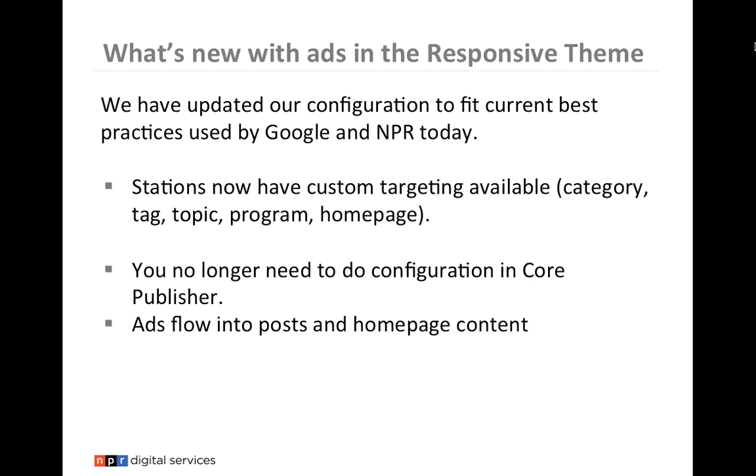Stations now have custom targeting available, so we have updated Core Publisher to allow for custom targeting if you are interested in doing that. You no longer need to do configuration in Core Publisher. Everything is handled in your DoubleClick for Publisher or DFP account. Ads also flow into posts and into the homepage river on your homepage. So we'll talk a little bit of what that looks like.